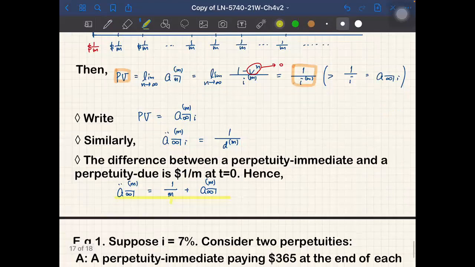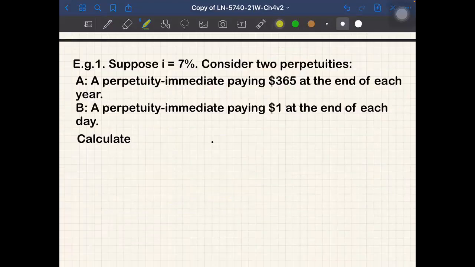Okay, so now the example. Suppose that the annual effective interest rate is 7% and consider two perpetuities. Perpetuity A is a perpetuity immediate paying $365 at the end of each year. So this is the usual perpetuity immediate.